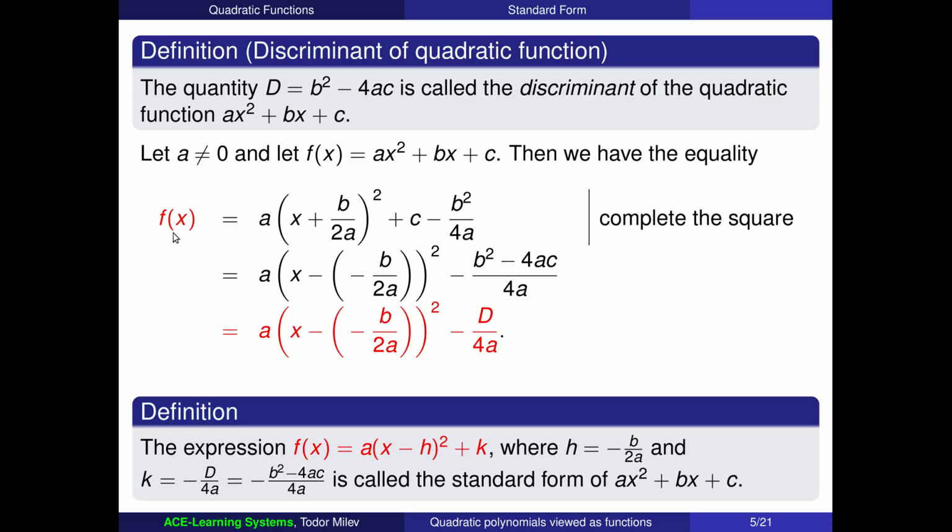Given a quadratic function, we saw that we can rewrite it in the form a times something squared plus another constant. So we can rewrite a quadratic function into a times something squared. So here we have something squared. That's the object that we see here.